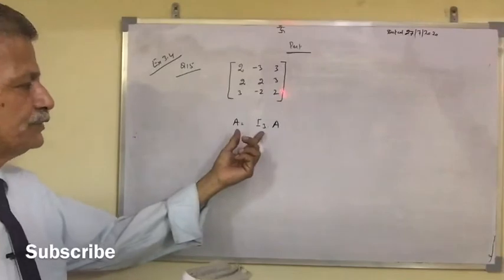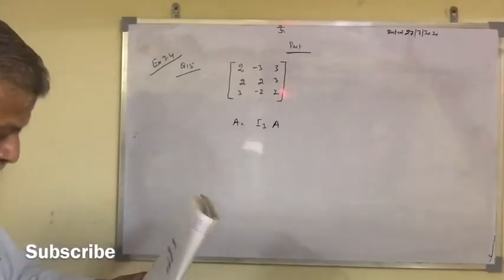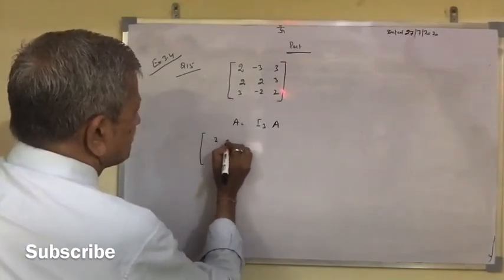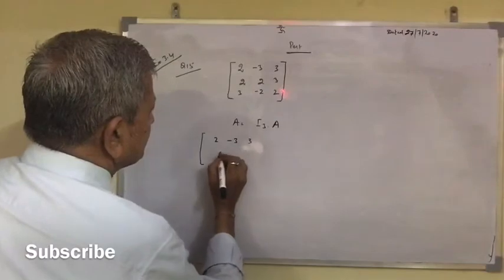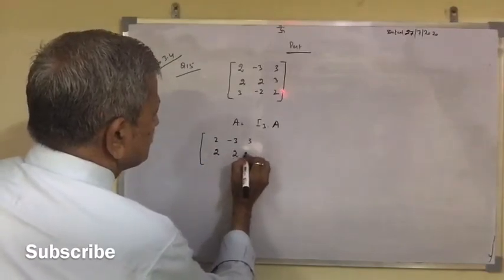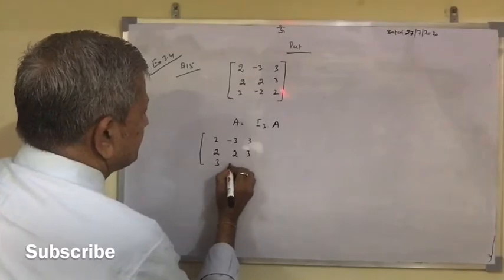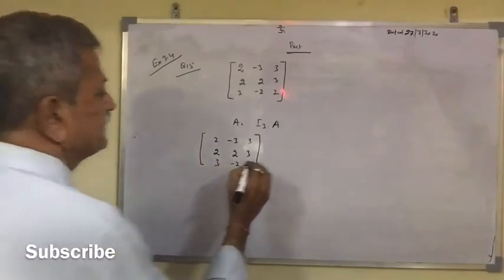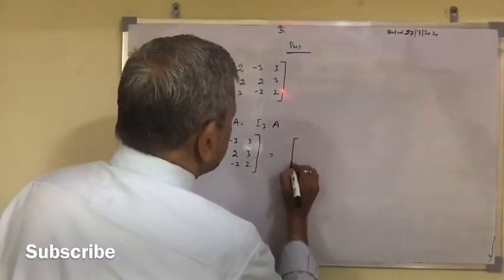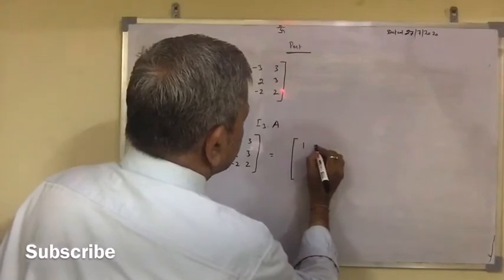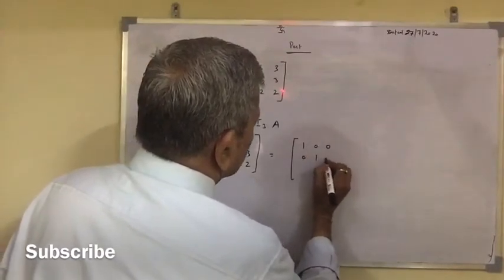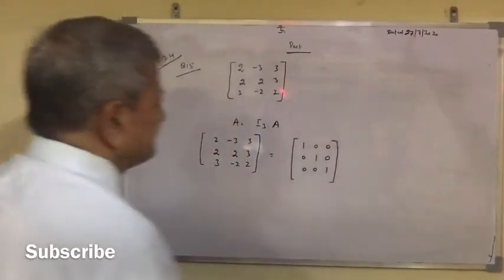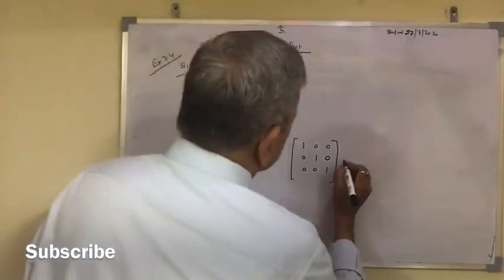I write 2 minus 3 3, 2 2 3 and 3 minus 2 2. This is the A matrix, and I3 will be 1 0 0, 0 1 0, 0 0 1, so it is the same 3 by 3 order matrix.